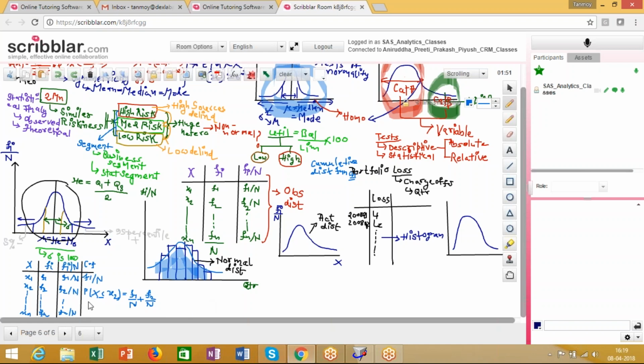At the next stage, the probability of x less than or equal to x3 is f1 by n plus f2 by n up to f3 by n.